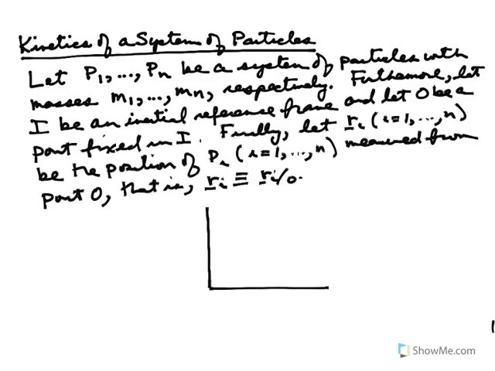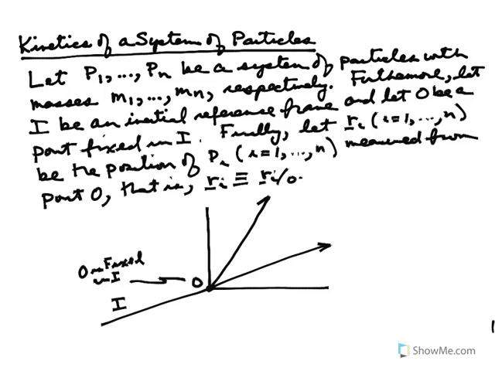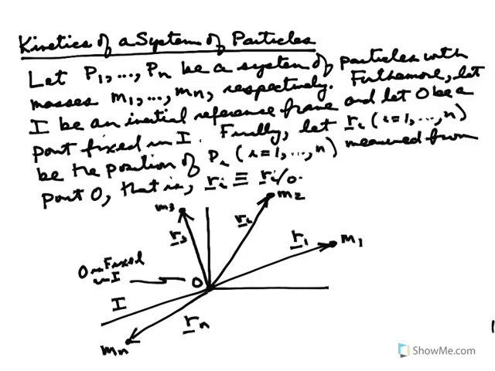We have an inertial frame, we could call that inertial frame I. We have a point O, and O is fixed in I. And we have a bunch of particles whose positions are all measured from point O. I'm going to call these positions R1, this is M1, R2, and this is M2, and so on, M3, and then R3, and then finally all the way down to R sub n, and this is M sub n.